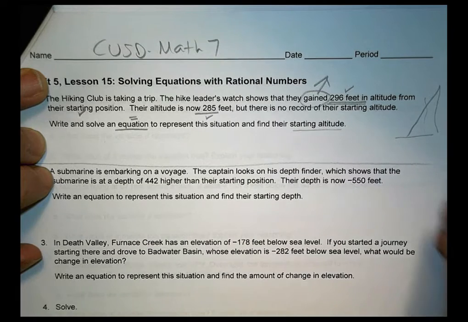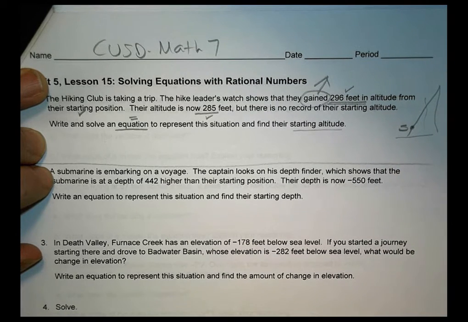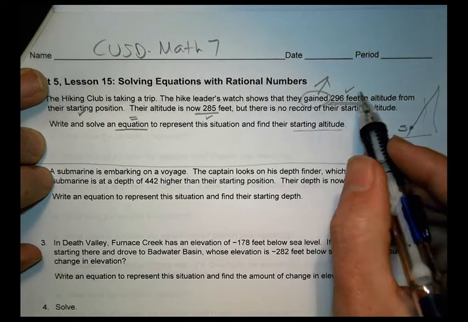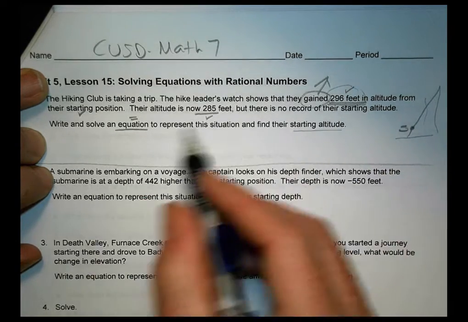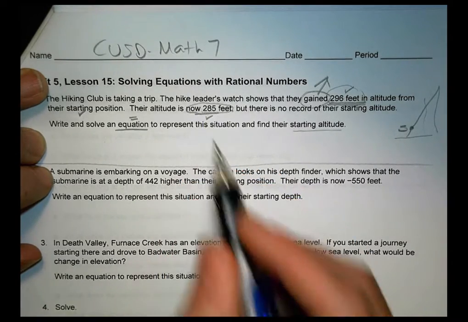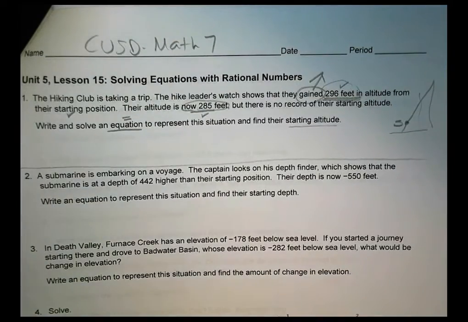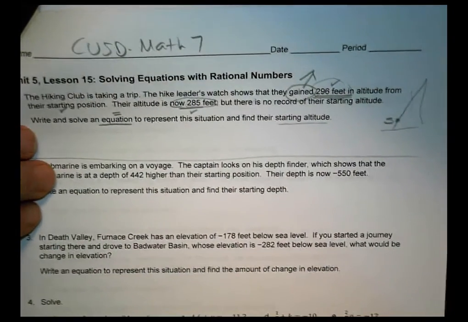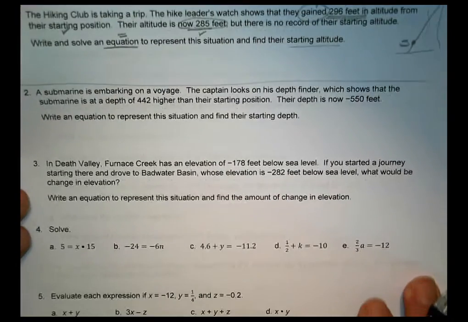So they started somewhere down here. That's what we know. And we know that they gained this much, they increased by this much, and they are now here. So write an equation that would put all that together in one nice form. I know it's possible. So let's move to number 2. You do number 1.